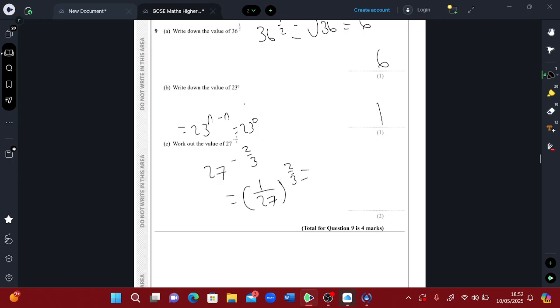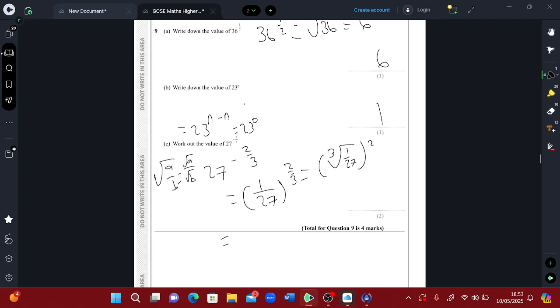And then you deal with the denominator. So that's saying if you're 1 over 3, that's going to be the cube root of 1 over 27, squared. Now, actually, remember the third law, root a over b, you can distribute it like this.